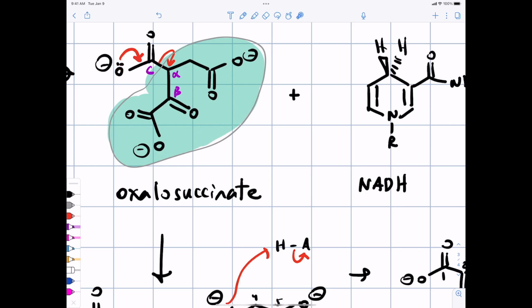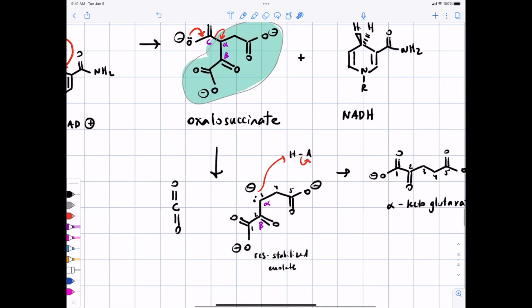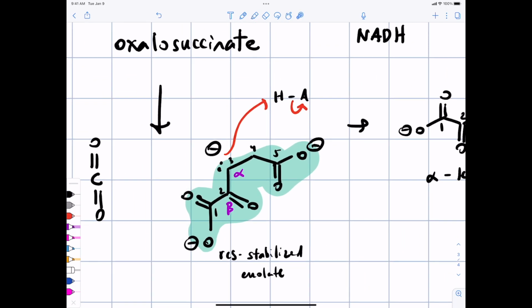So electrons kick down, all of this leaves, and I didn't show it to you, but the negative charge on this alpha carbon is also on that oxygen, so it's resonance stabilized. Okay, so it's more stable because the CO2 is neutral.